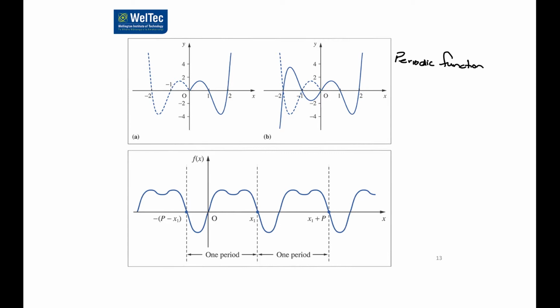And that's where we've got f of x plus T, where T is the period, is what you get. So T is the period, or sometimes P is the period. And if we're talking about P, then we might want to write it like that.